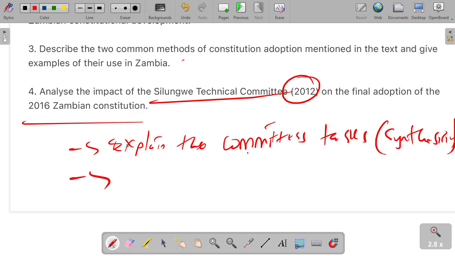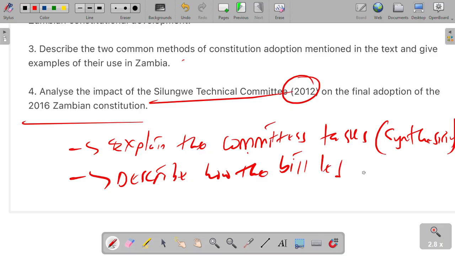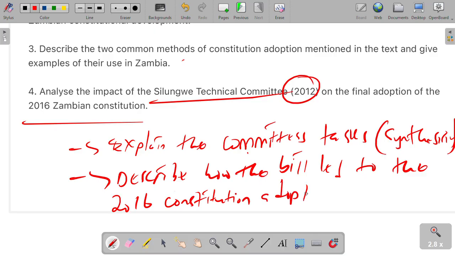And secondly, you can describe how the bill led to the 2016 constitution adoption.